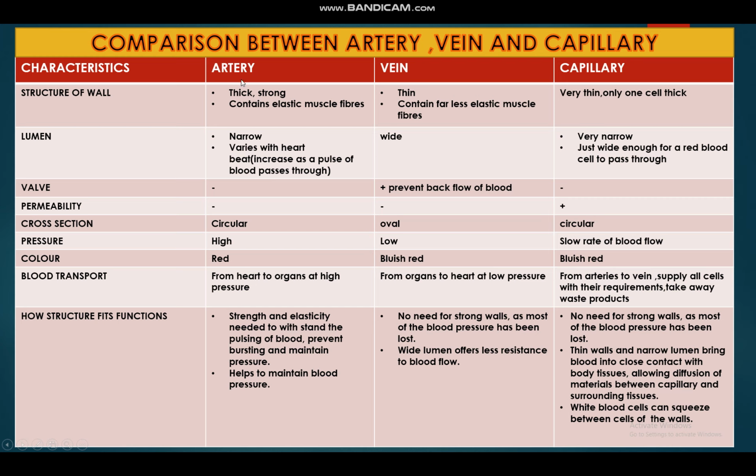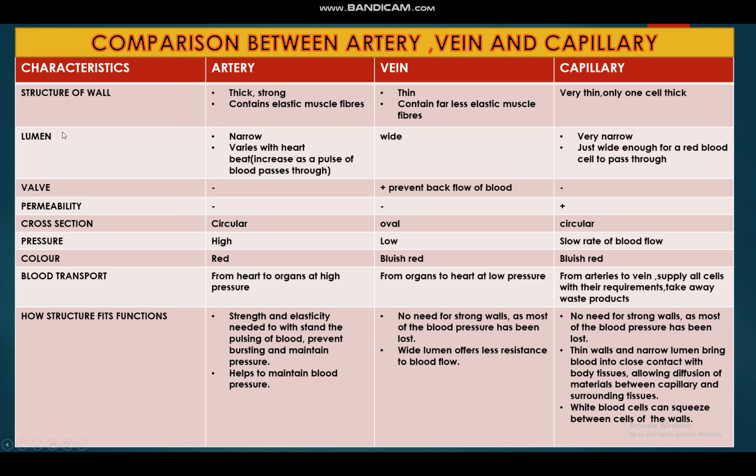In case of artery, the wall is always thick and contains thick elastic muscle fibers. In case of vein, the wall is thin and contains less elastic muscle fibers. But the capillary doesn't have any elastic muscle fibers, but only one cell thick, flattened cells, which is called the endothelium.